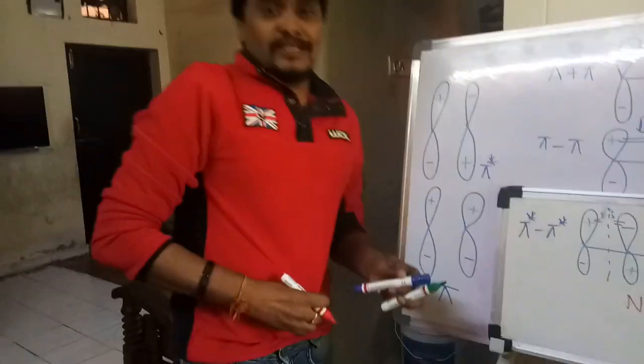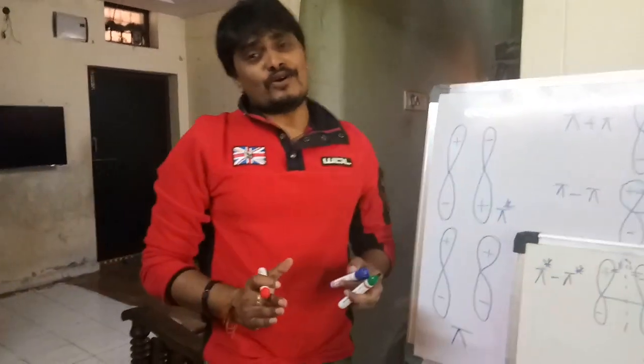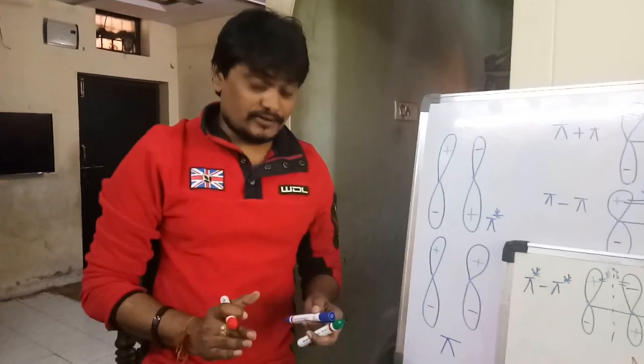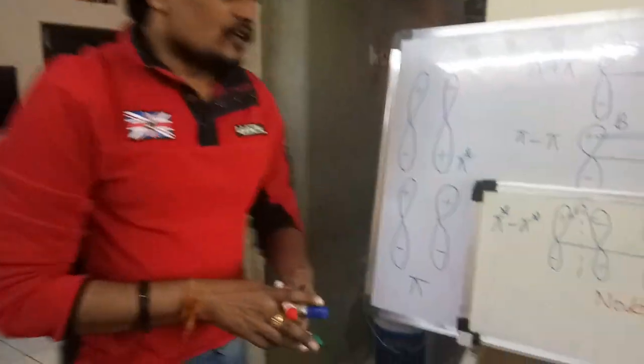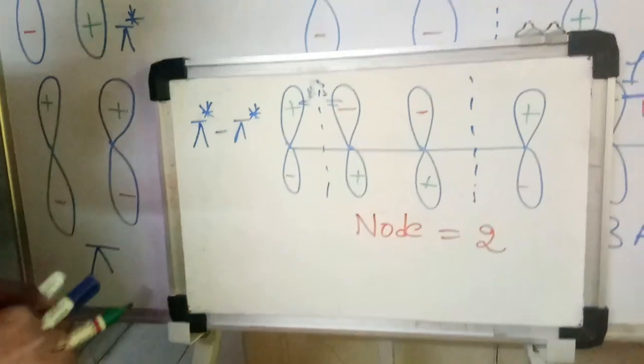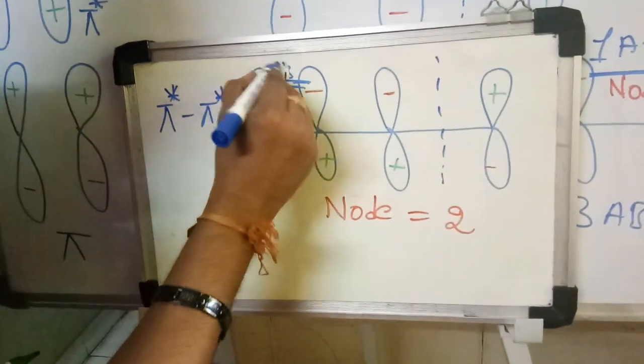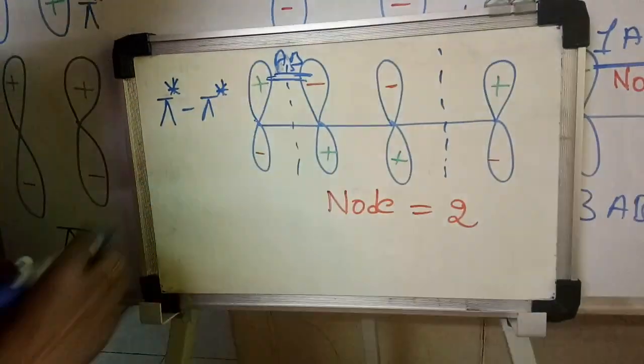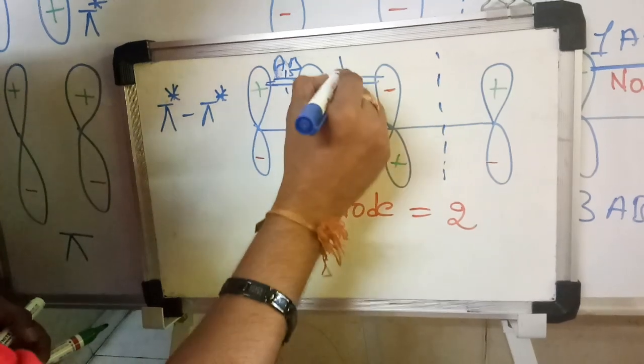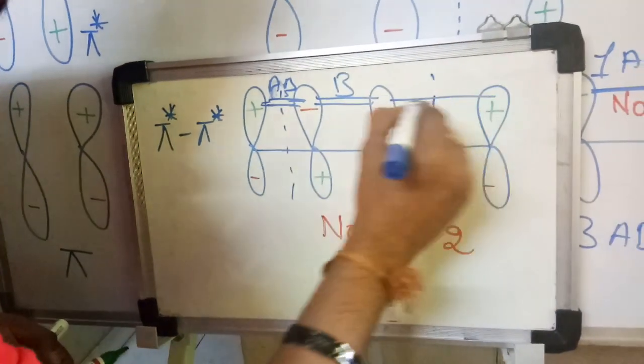Now we have to decide whether it is the bonding molecular orbital or anti-bonding molecular orbital. So let us decide that. Now it is anti-bonding, it is bonding, it is anti-bonding.